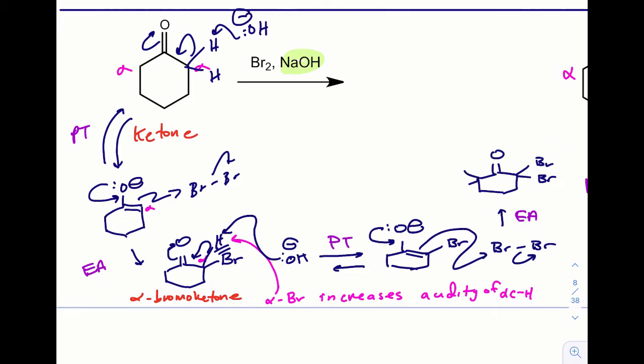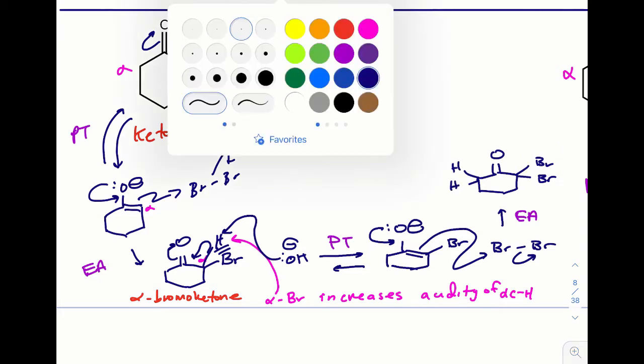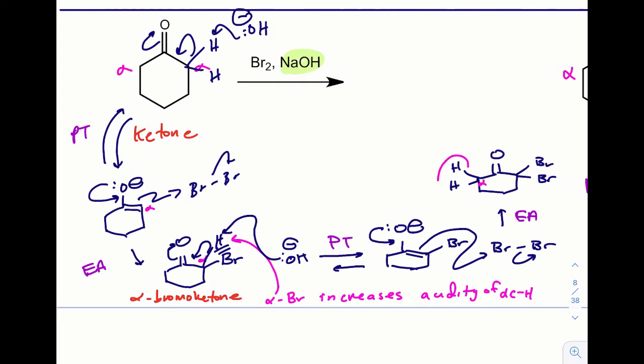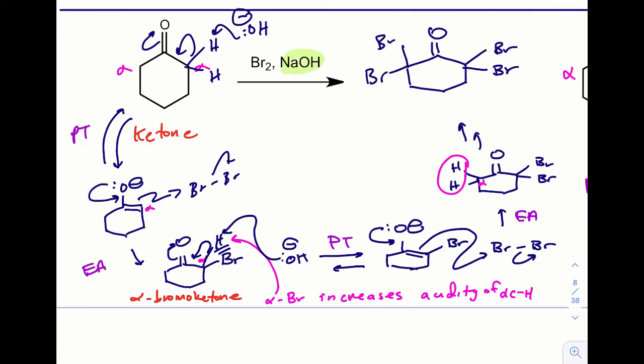And now this ketone has another alpha carbon. And that alpha carbon also has hydrogens, and their acidity is increased by the presence of those two bromines. So under basic conditions, this continues to react until all of the alpha hydrogens have been deprotonated and then the enolate is brominated. So all alpha hydrogens are substituted with bromine under basic conditions.